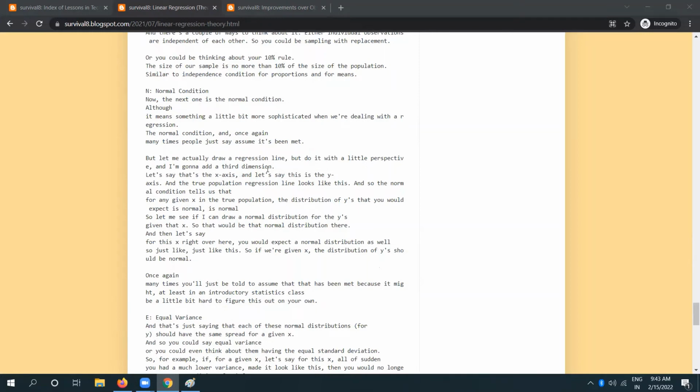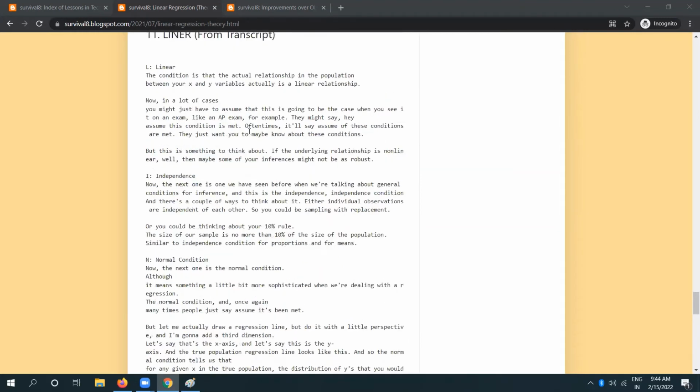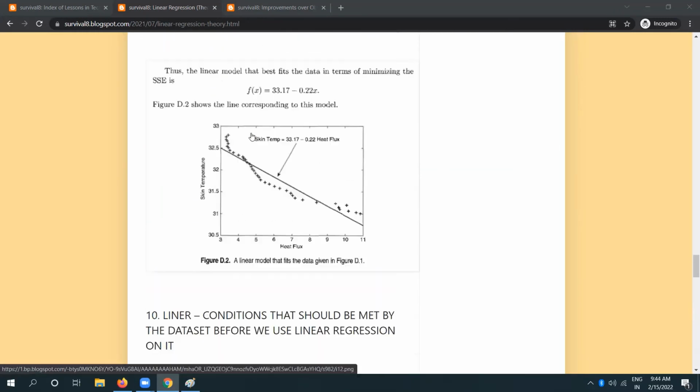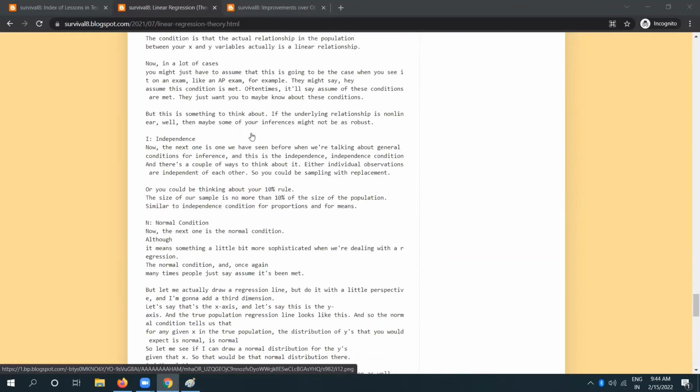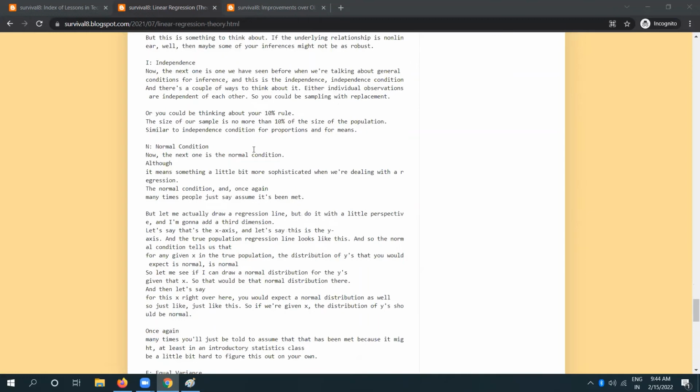Linear is the condition that there should be an actual linear relationship between X and Y in the population in order for you to apply linear regression. Then is the condition of independence, that two data points should be independent of each other.